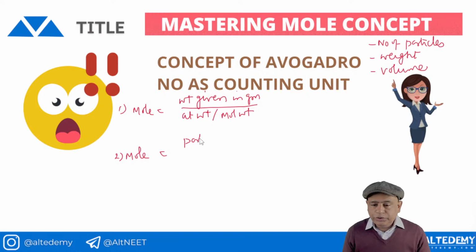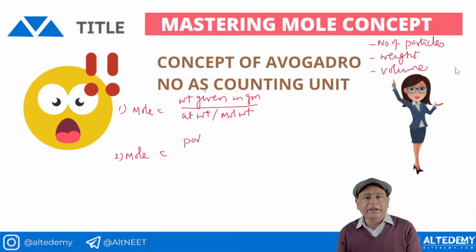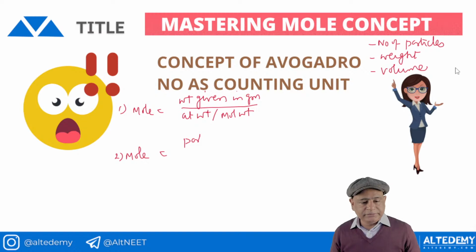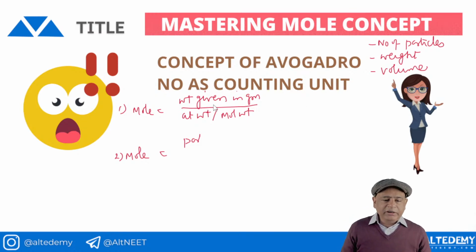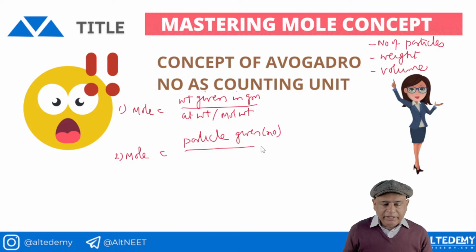You need to be very clear what is given to you in the question, whether particle has been given or weight has been given or volume has been given. If weight has been given, write down that weight divided by atomic weight. If particles have been given, the mole is equal to particles given divided by 6.023 into 10 to the power 23.